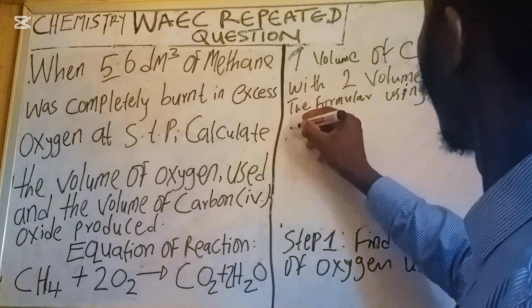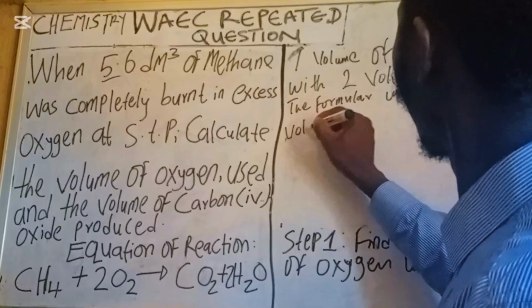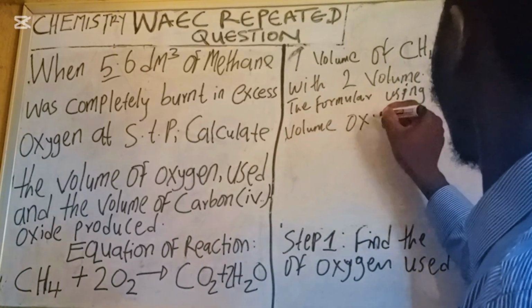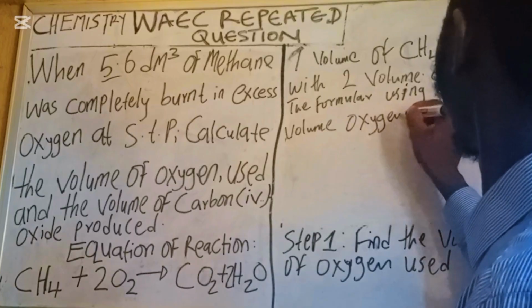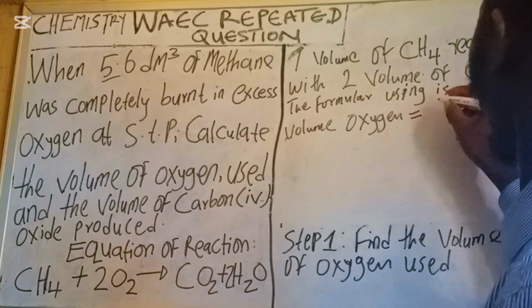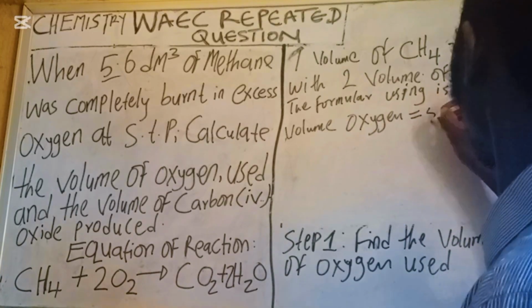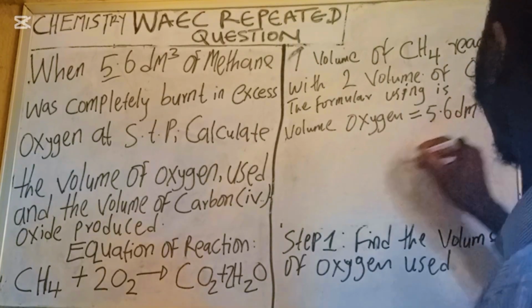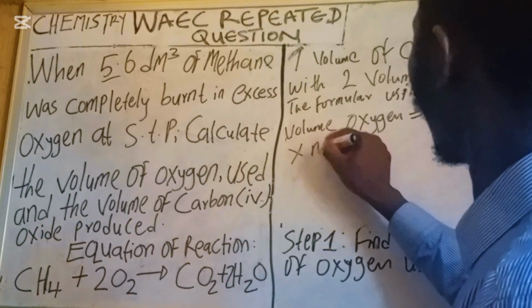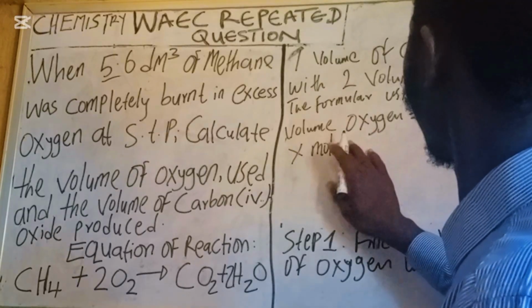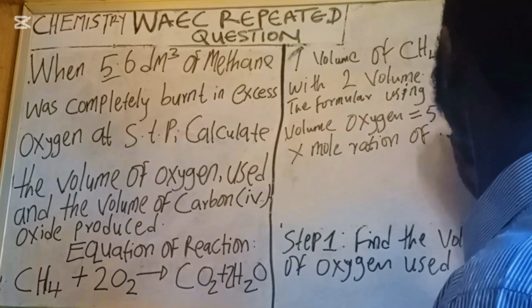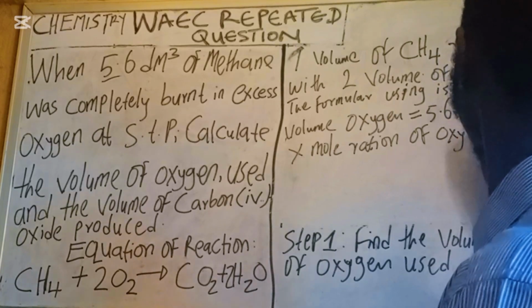volume of oxygen is equal to 5.6 dm cube times mole ratio of oxygen.